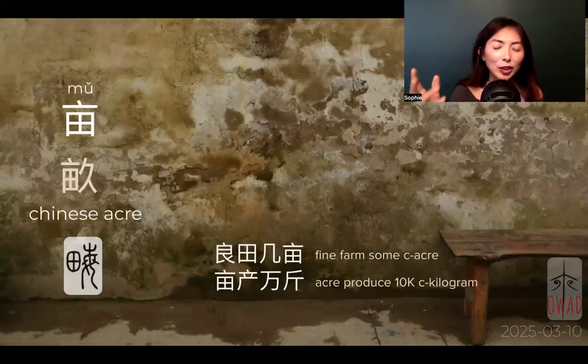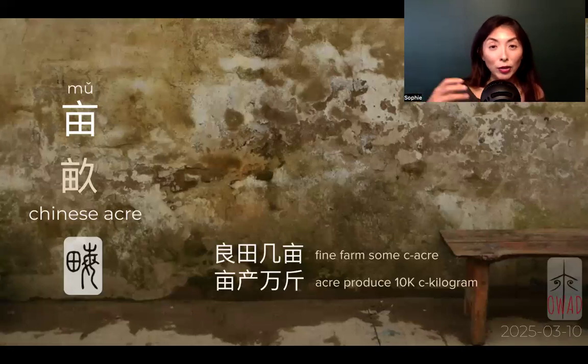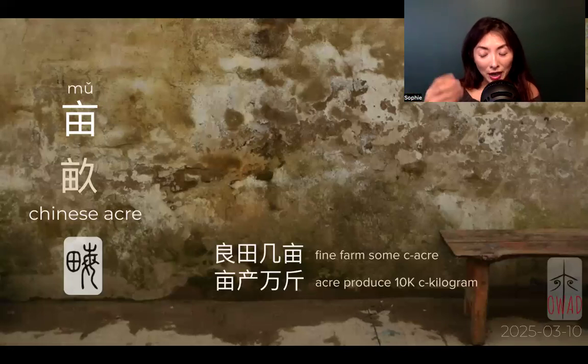I guess back then it was hard to send people out there to check the actual number. So different local governments tried to outbeat everybody on how much they could produce on their land, that they could produce up to 100,000 Chinese kilograms, which is a ridiculous number.